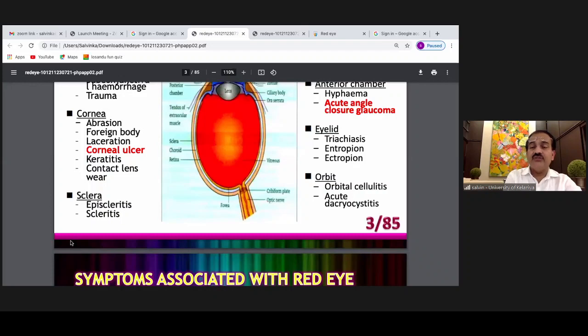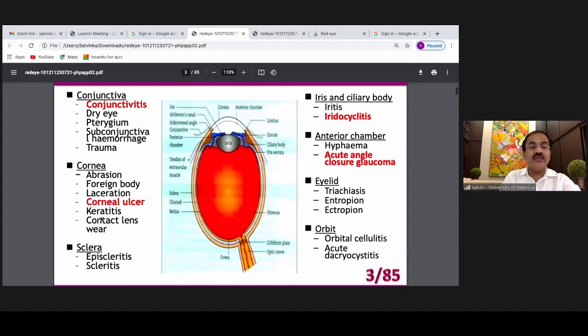Inflammation of the episclera is called episcleritis. Inflammation of the sclera is called scleritis. So episcleritis or scleritis can give rise to redness.